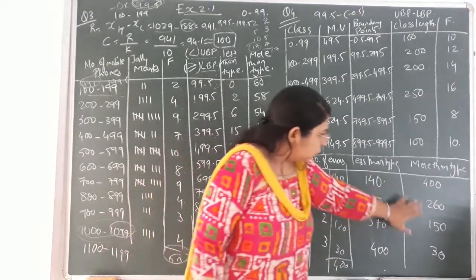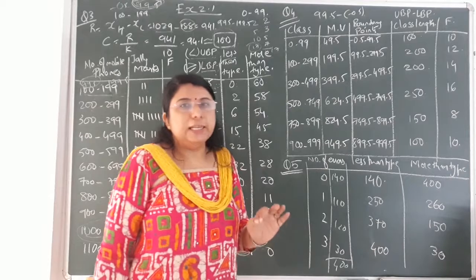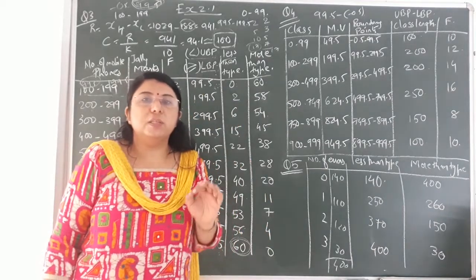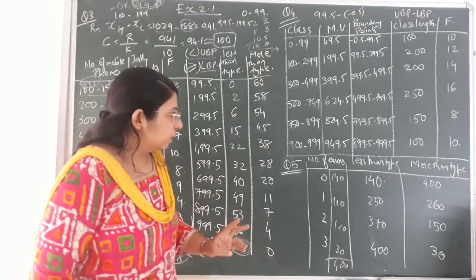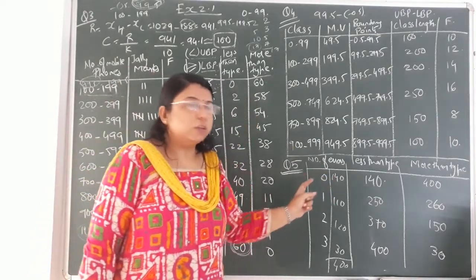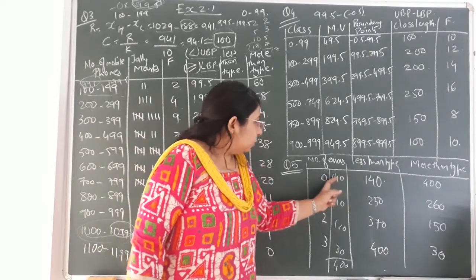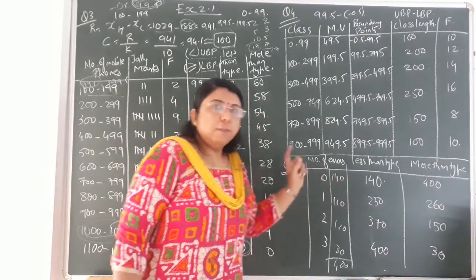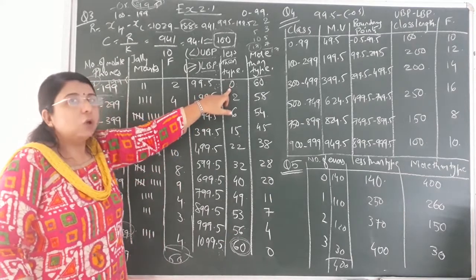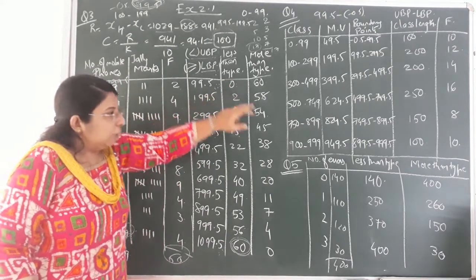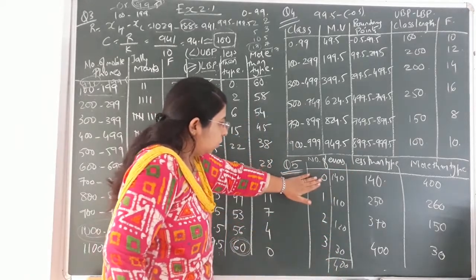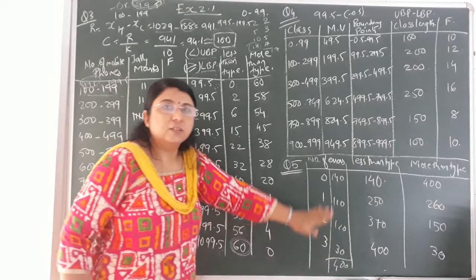In this way we find the less than type and more than type in case of discrete frequency distribution. There are two basic differences. In case of discrete frequency distribution, the first less than type value is the same as the frequency, but in case of continuous frequency distribution, the first less than type value will always be 0. And the total number of less than type cumulative frequencies equals the total number of data values given to you.